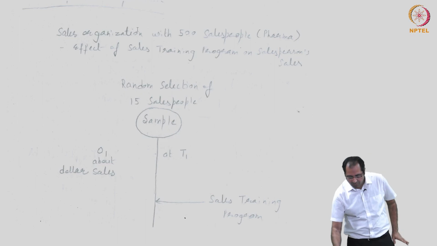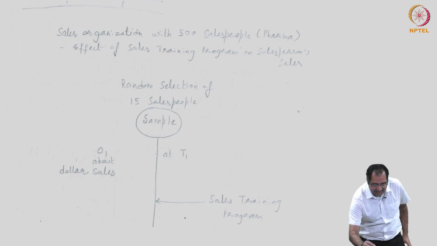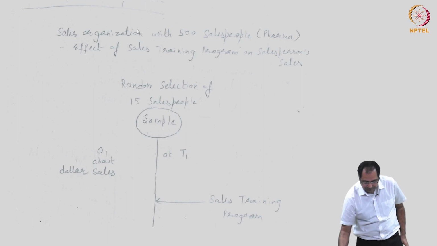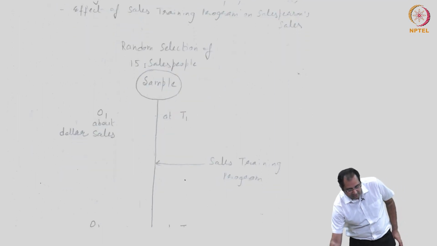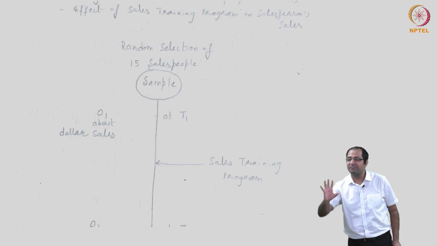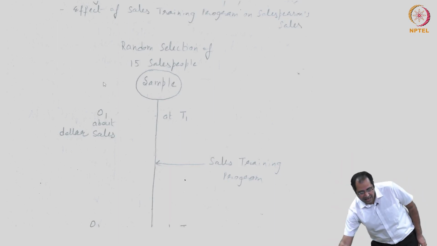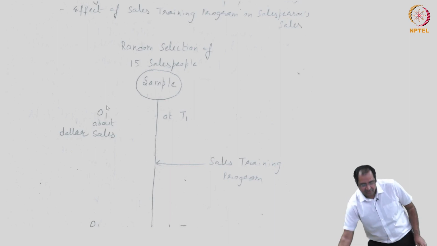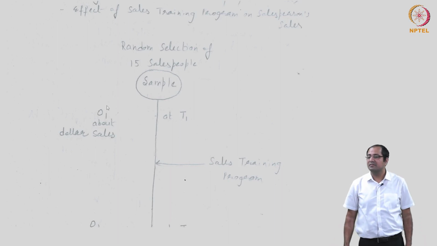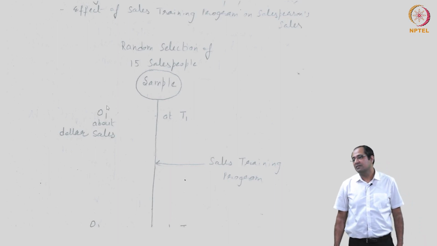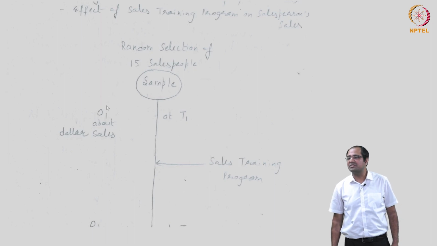Now they want to conduct an experiment. So what they did was they randomly selected 15 salespeople out of 500 and noted down their sales of the last 3 months.